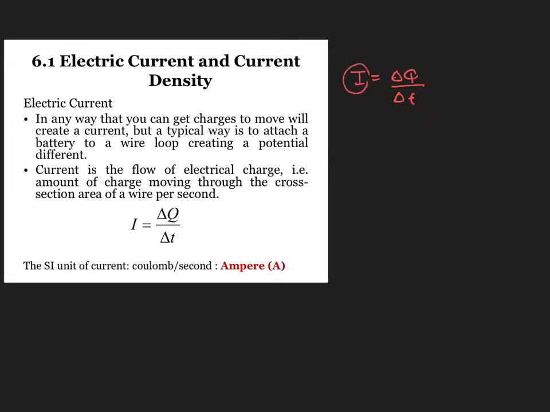The current is represented by I, and the unit is ampere. The thing you need to understand is that current relates to charge. It means that charge cannot be created and cannot be destroyed. So it's basically about the conservation of charge.